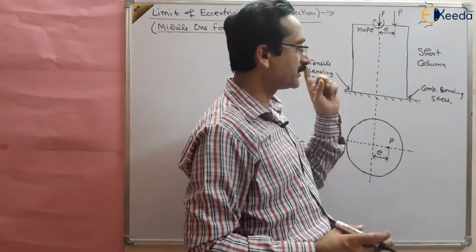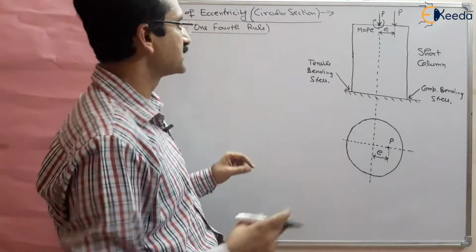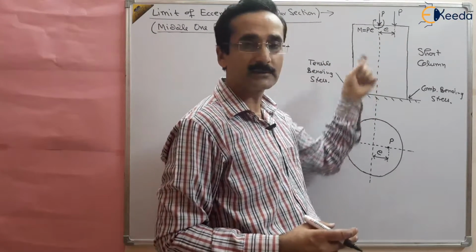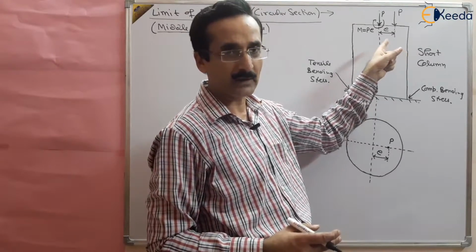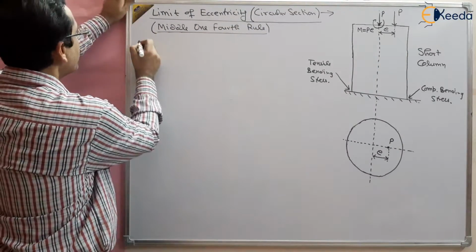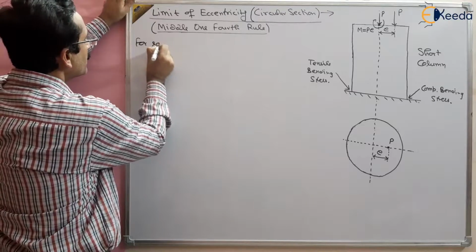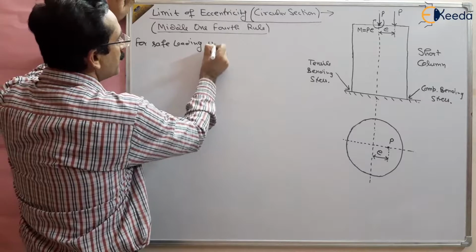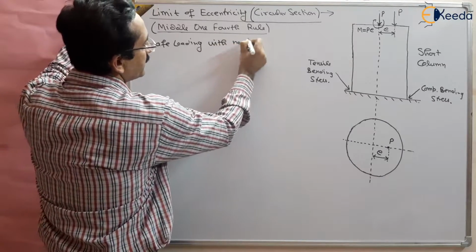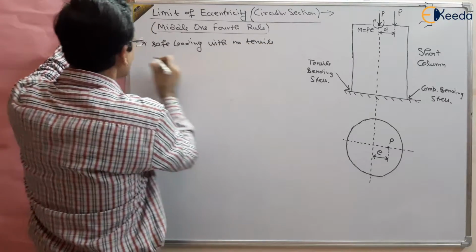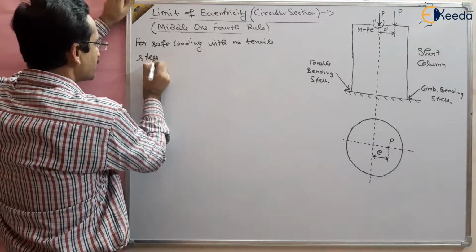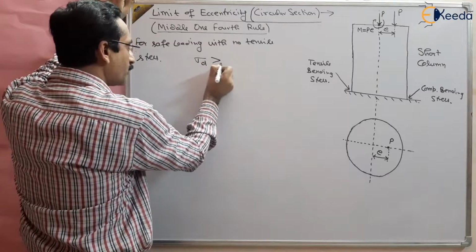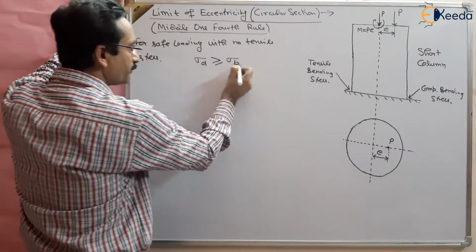If there should not be any tensile stress, in that case the direct stress should be either equal to the maximum bending stress, or greater than it, right? So for safe loading with no tensile stress, sigma D should be greater than or equal to sigma B maximum.